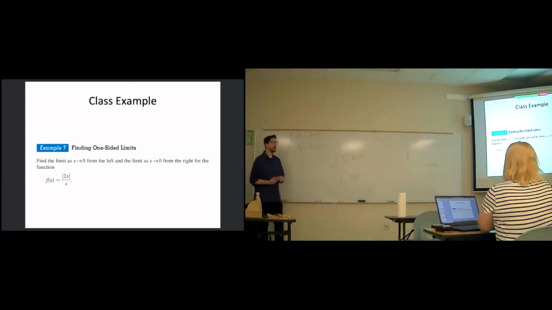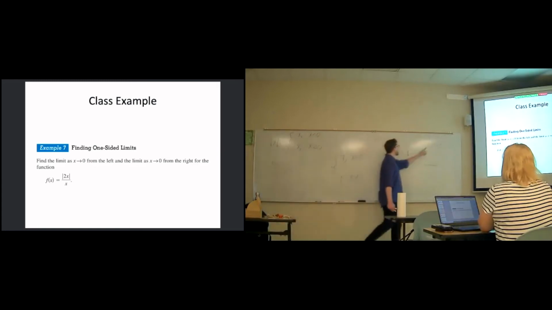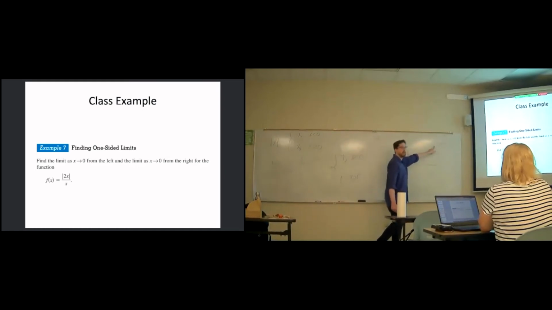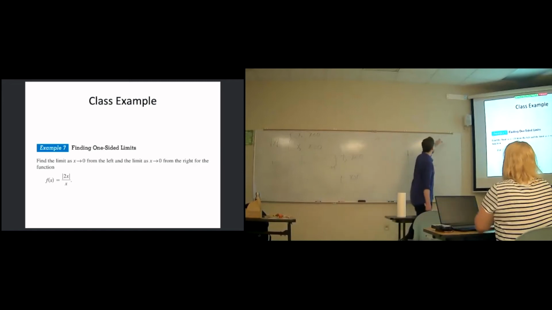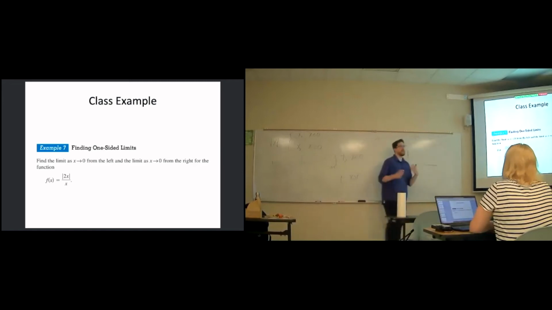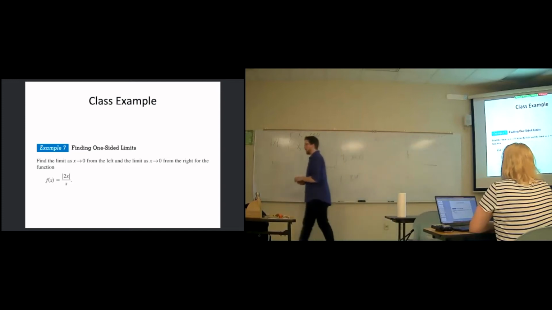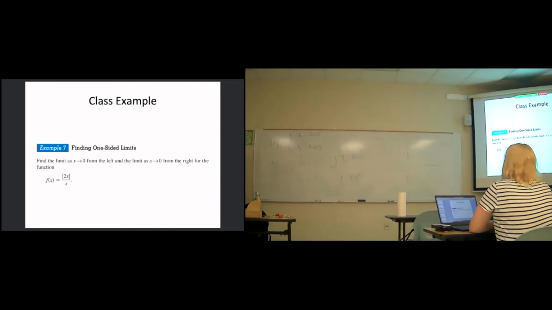Because all we're doing is saying we've got a function that's constantly equal to 2 whenever x is greater than or equal to 0. It's constantly equal to -2 whenever x is less than 0. Everybody cool with this?